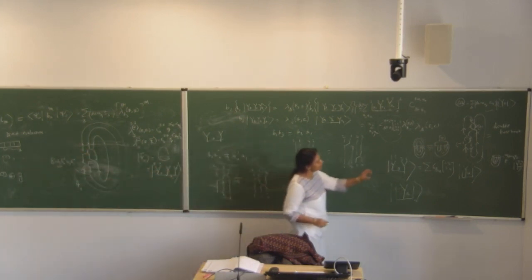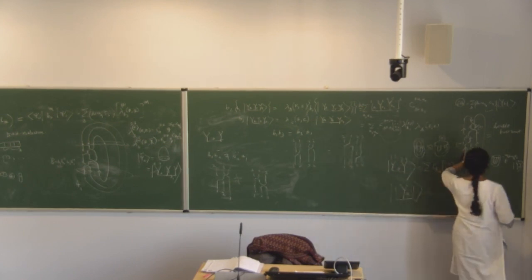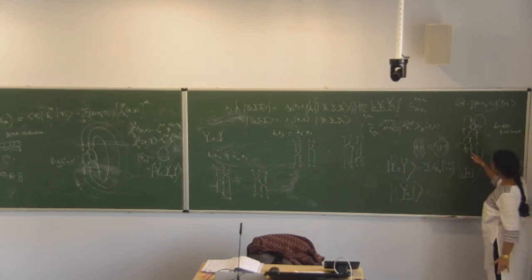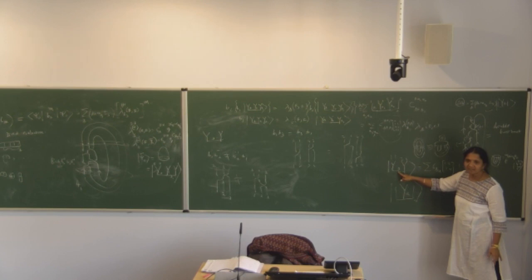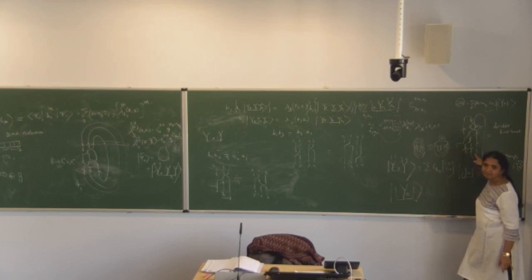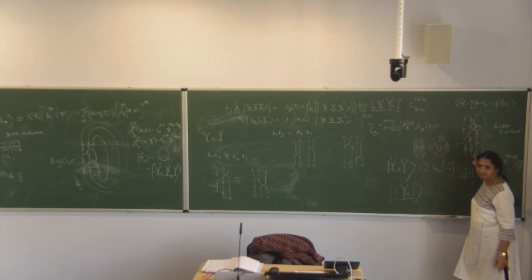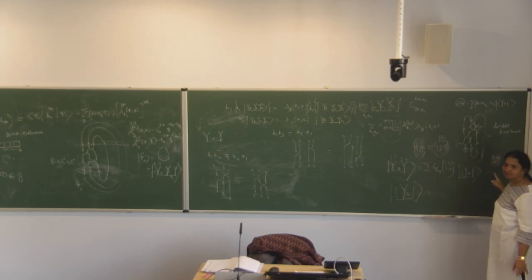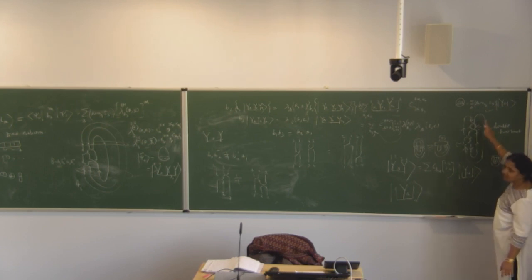But here, if this is anti-parallel, then the representation which you put for S will involve R cross R bar. Is that clear? That's very important. Now let's glue this and get the answer for figure 8.